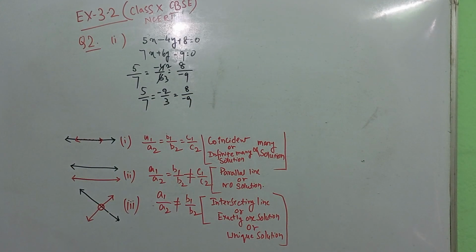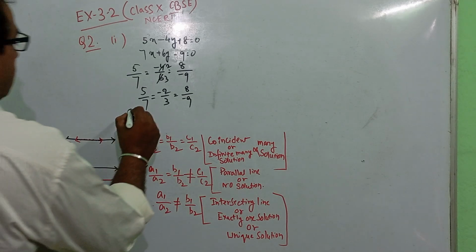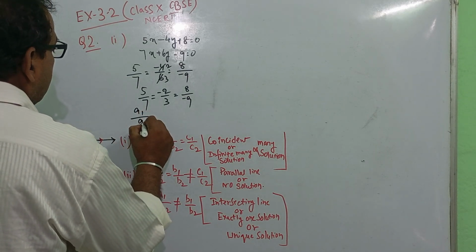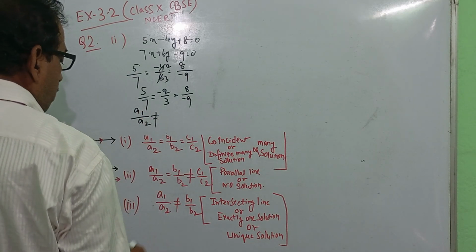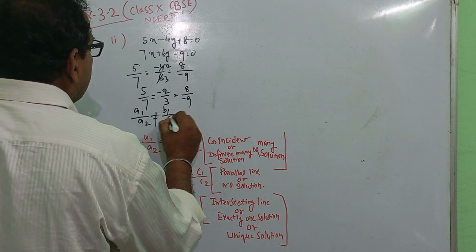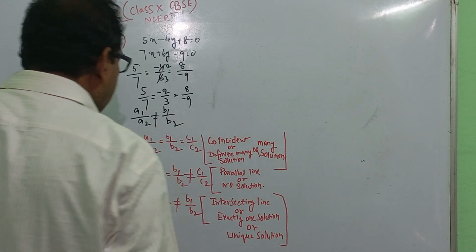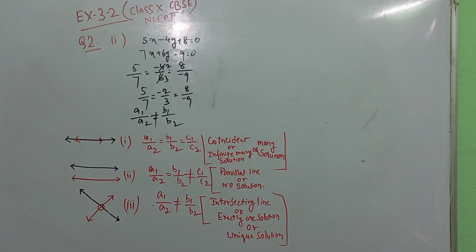Now what happened? That a1 by a2 is not equal to b1 by b2. These are the conditions. This is the third condition. So how do we write that?